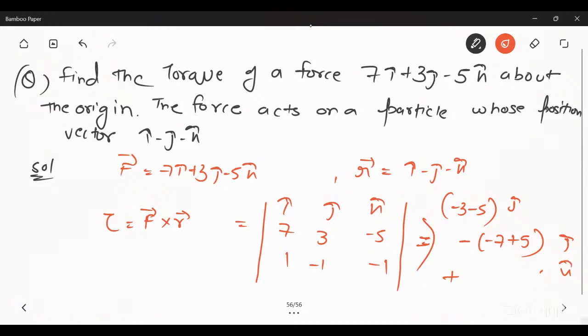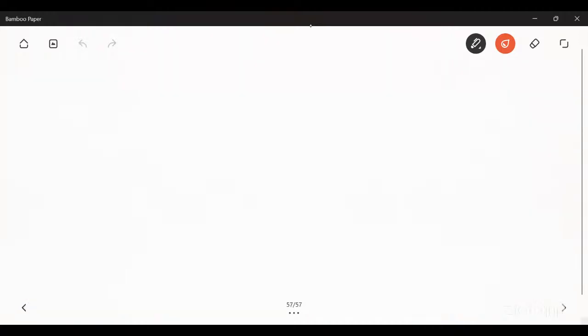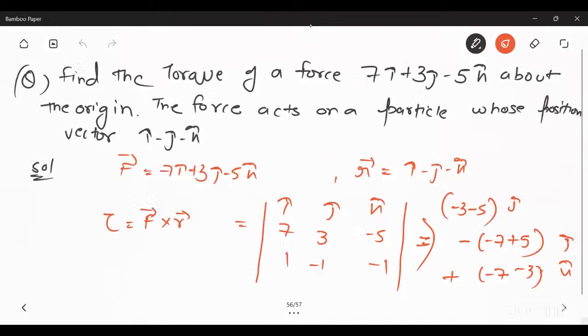So on multiplying, you will get i cap as 3 into minus 1 minus 3, minus 3 into minus 5, so minus 8 i cap.